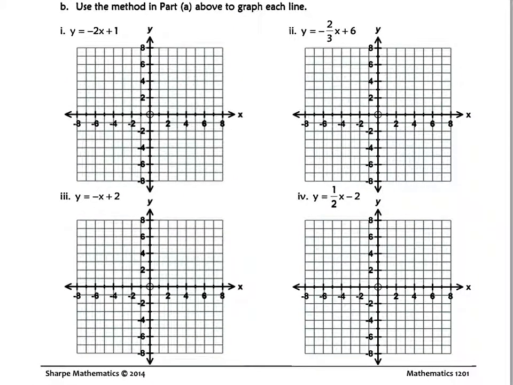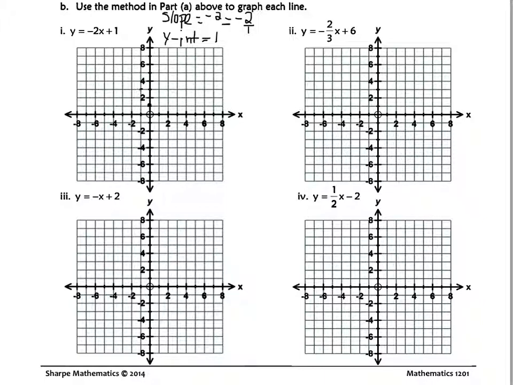The first one, we need to identify the slope, and the slope in this case would be -2, which you might want to write as -2/1 to help you with your rise and your run, and your y-intercept would be 1.